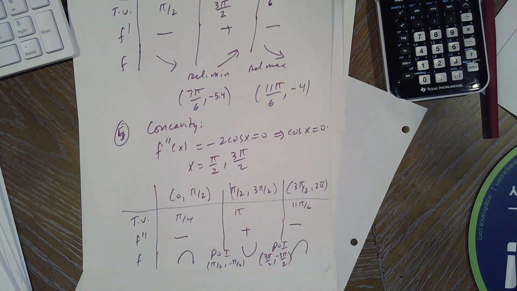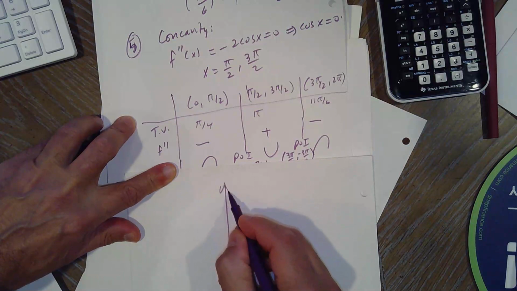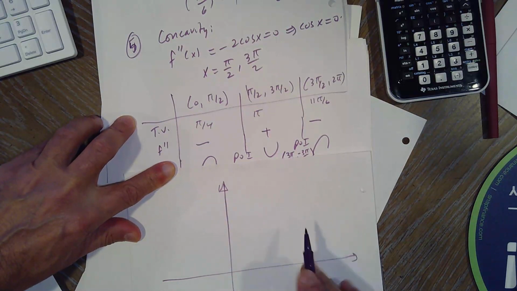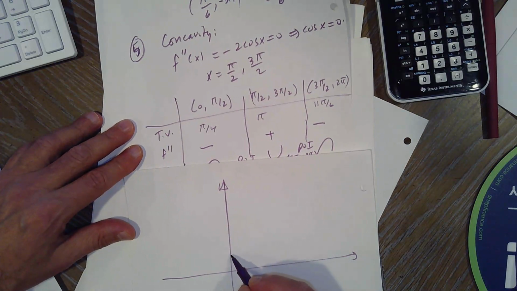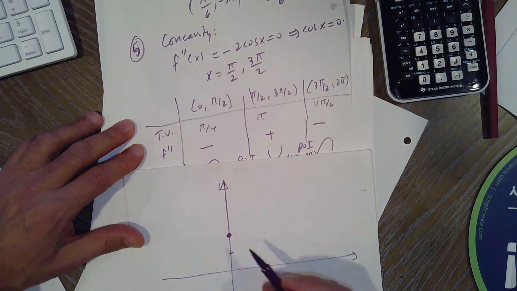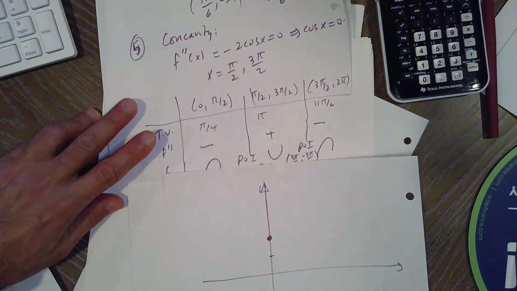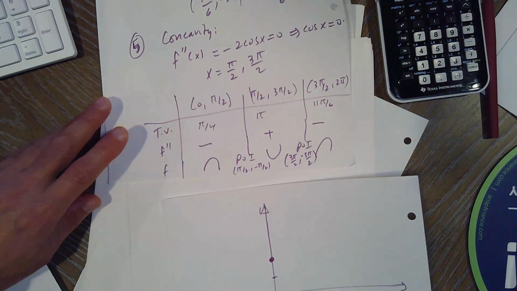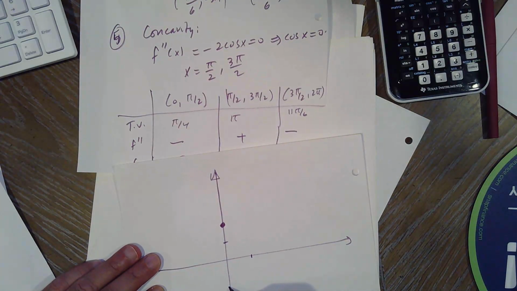And then the graph, you can do the graph by hand and then check on your grapher between 0 and 2 pi. Remember we had at 0 it's at 2, the y-intercept, and then at pi over 2 it's negative pi over 2, that's where it changes concavity.